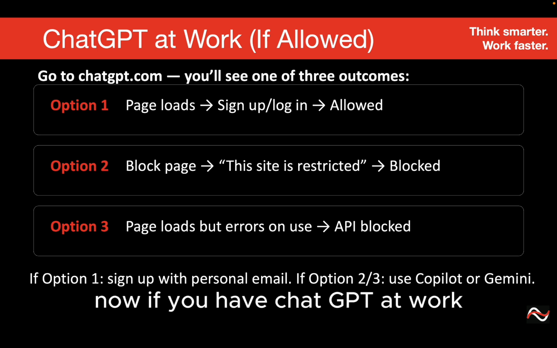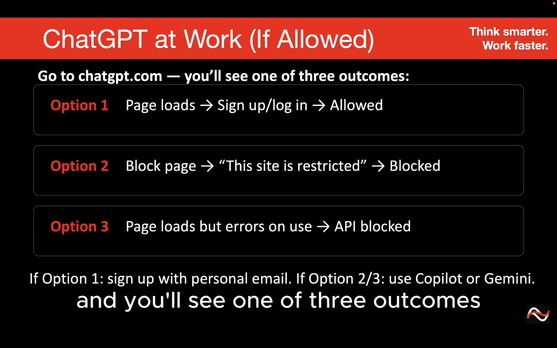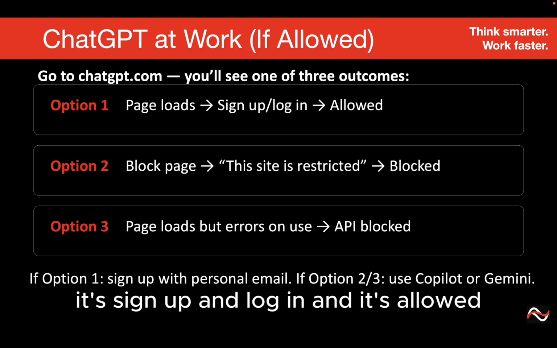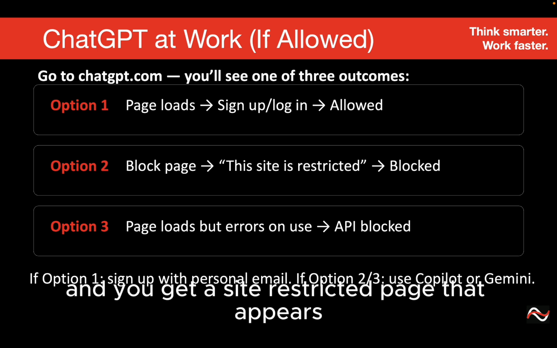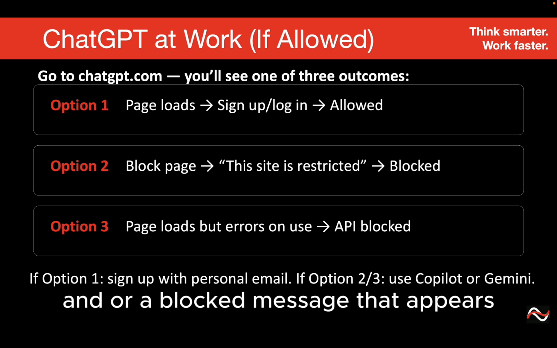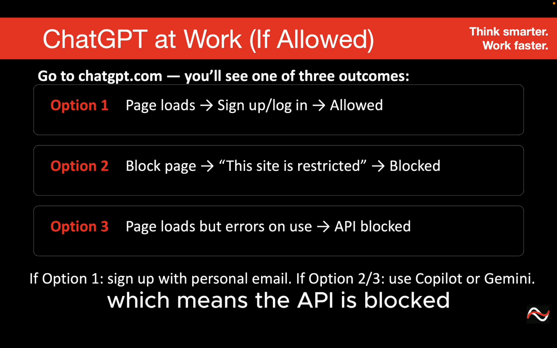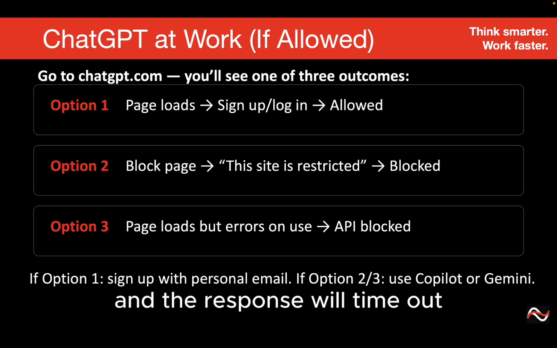Now, if you have ChatGPT at work, you can go to ChatGPT and you'll see one of 3 outcomes. 1, the page loads, it's sign up and log in and it's allowed. 2, it's blocked and you get a site restricted page or a blocked message. And 3, the page loads, but you see errors on use, which means the API is blocked and the response will time out.